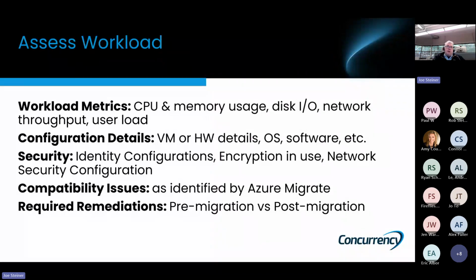Assessing the workload. Core things you want to pull in are CPU and memory usage, disk IO, network throughput, user load inside of there, all those core metrics within the application itself that are driving what the next architectural decisions will be in terms of the services.